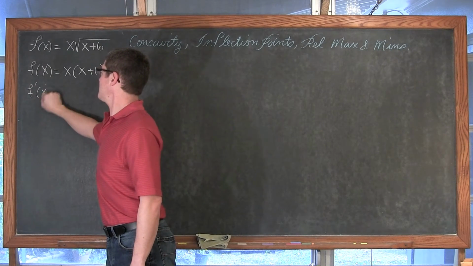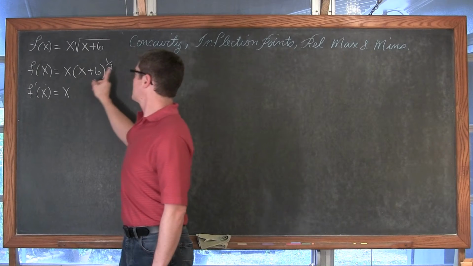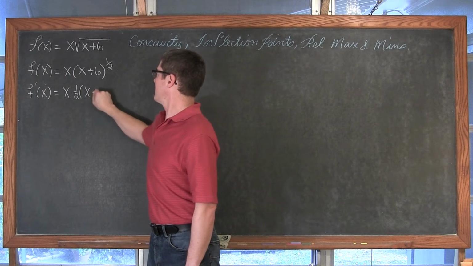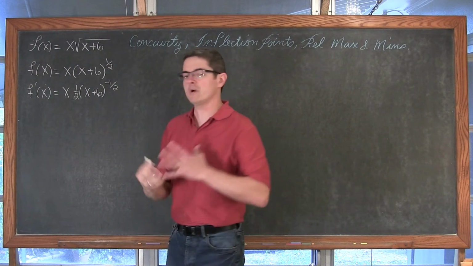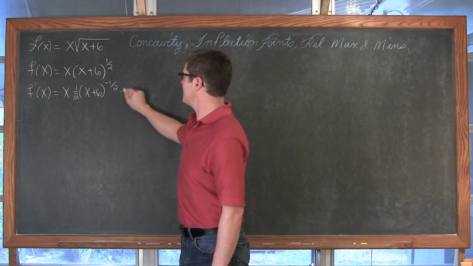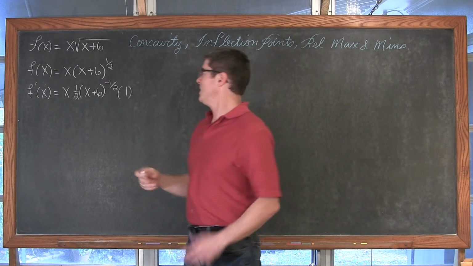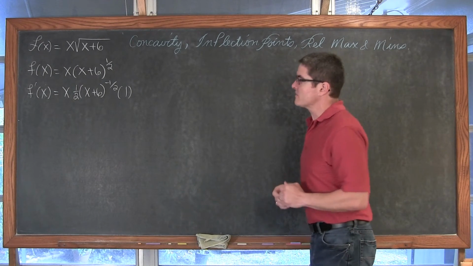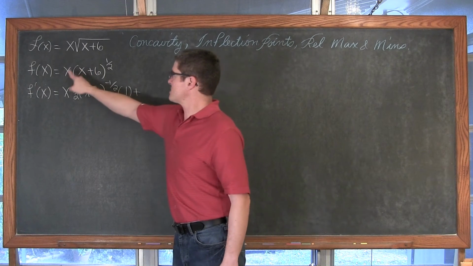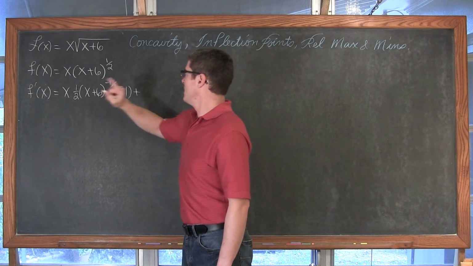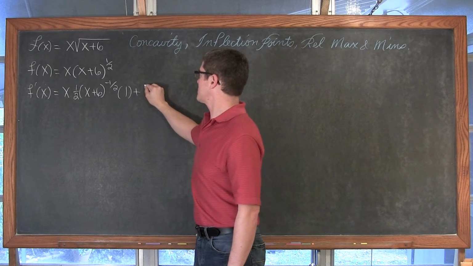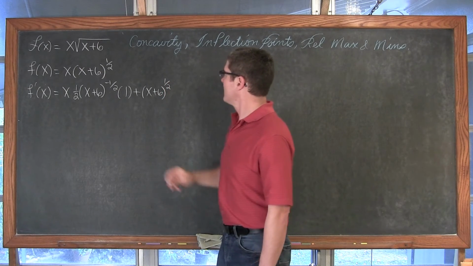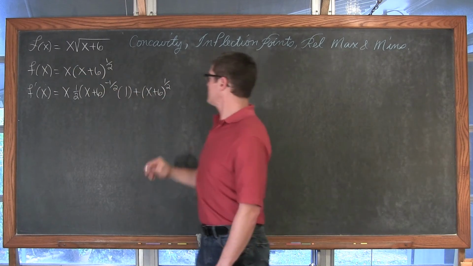F prime of x is going to be x times, now walking through your chain rule, 1/2 times x plus 6 to the negative 1/2, and if you want to make sure you're practicing the chain rule, times the inside, which is simply equal to 1, which of course means that's really not necessary unless you're reinforcing your skills of the chain rule, plus, okay, so that was the first times the derivative of the second factor, plus the second factor, which is x plus 6 raised to the 1/2 power, times the derivative of the first factor, which is equal to 1.